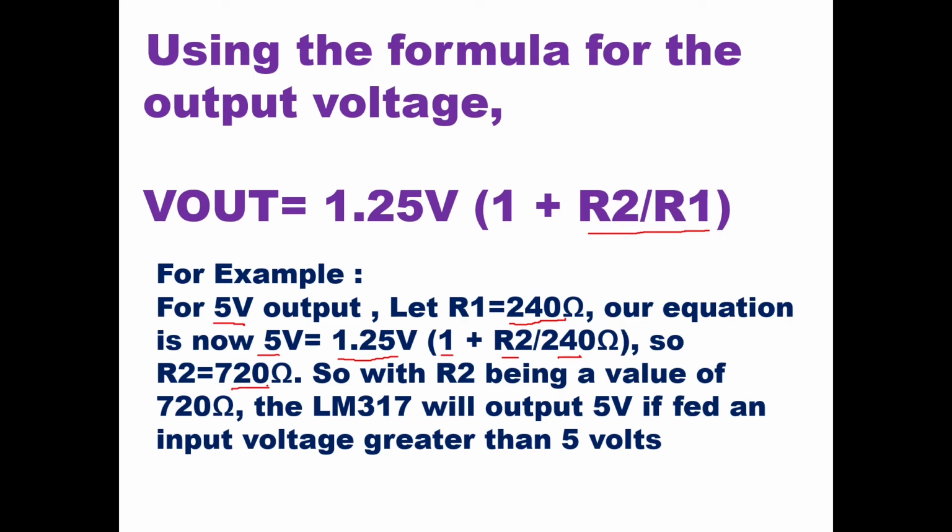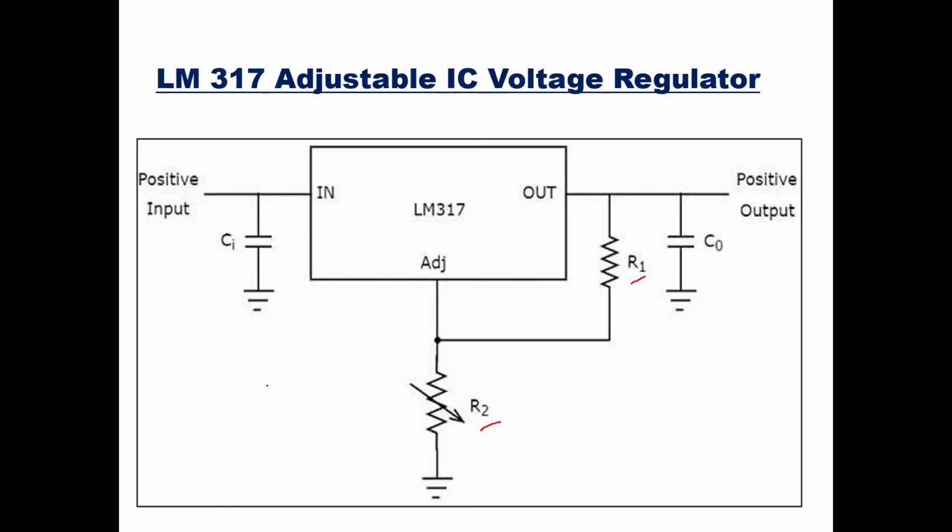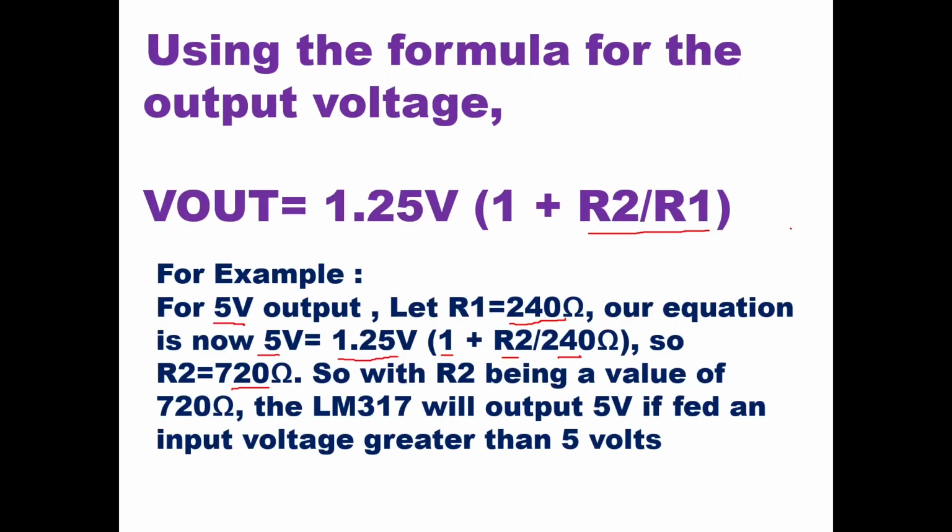So R1 is 240 ohms and R2 is 720 ohms. If you put R1 equal to 240 ohms and R2 equal to 720 ohms, then the output voltage you will get will be 5 volt. That is the example we have shown here.